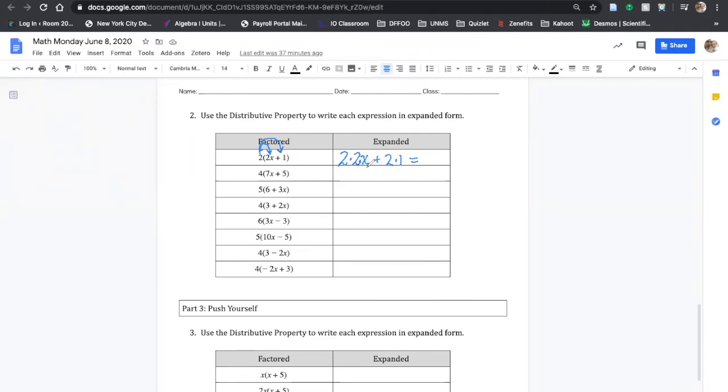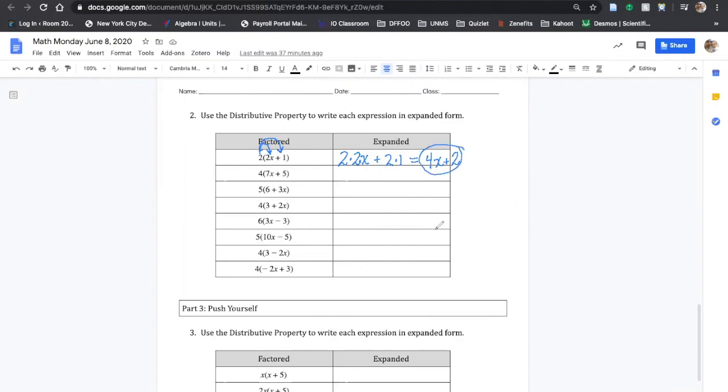I don't know what x is, but I know what 2 times 2 is, right? So in a situation like this, you're really just multiplying the numbers together and then adding that variable on at the end. So 2 times 2 is 4, and I need to keep the x here. Don't drop the x. So 4x plus 2 is going to be my final expression there.